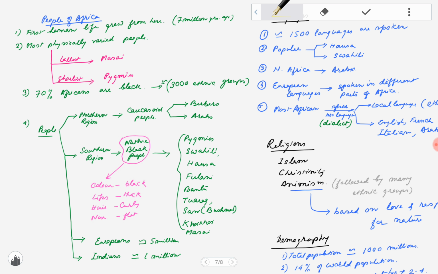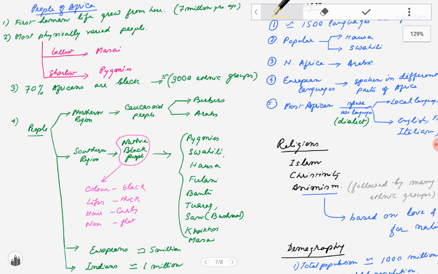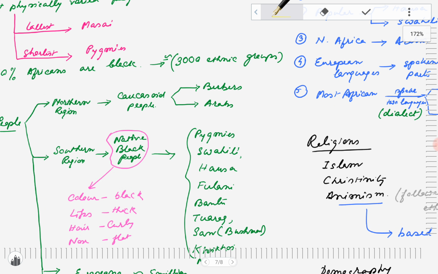There are about 3,000 ethnic groups in Africa. The people in the northern region are Caucasian people, and they are of two types, Berbers and Arabs. In the southern region, they are the native black people.